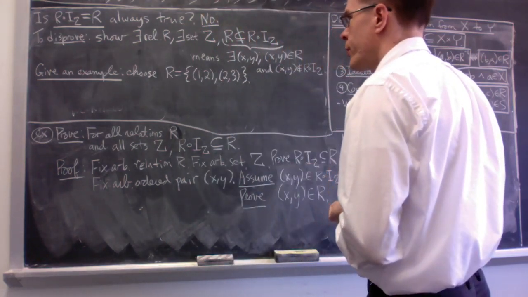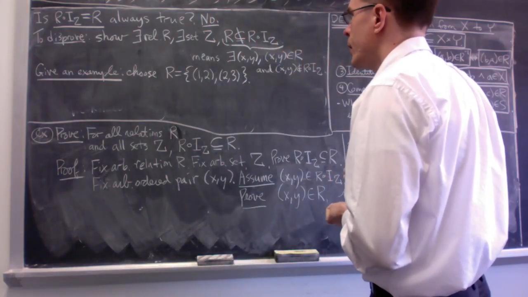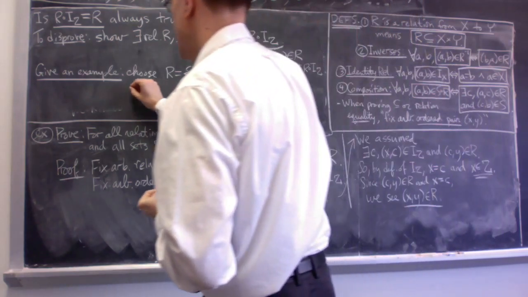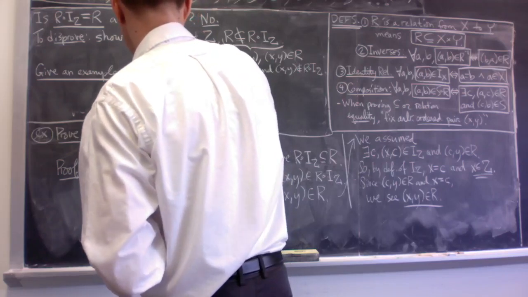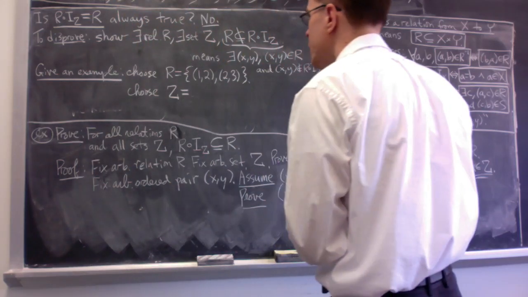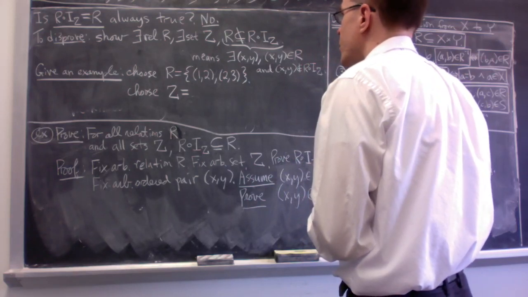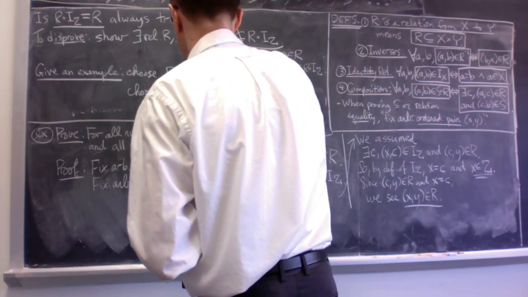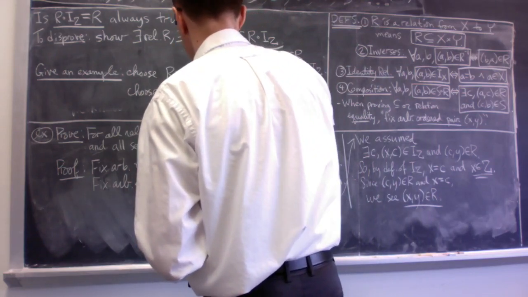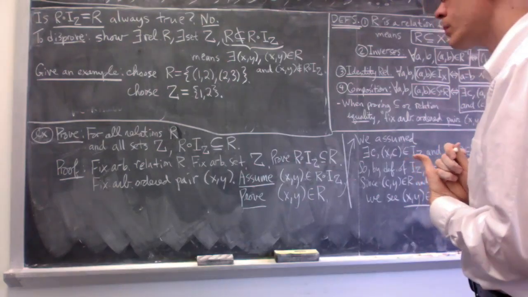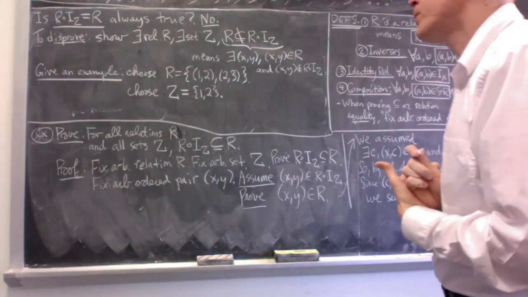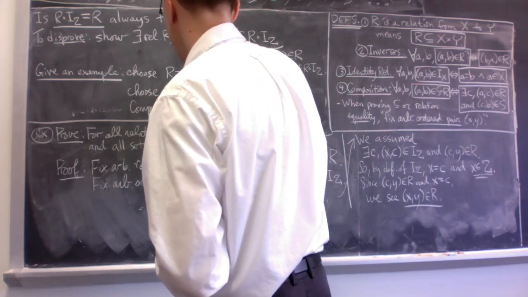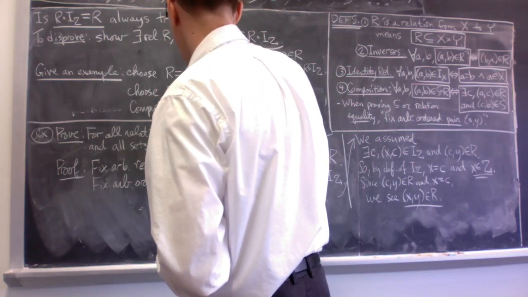And the crucial thing you have to come up with is that maybe if the set Z was too small, you get to choose Z as well. Let's think about what would happen if we picked Z to be the set {1, 2}. Well, now you can just directly calculate, like we did before, R circle IZ.